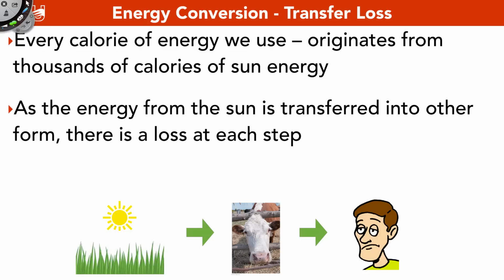Well, the amount of energy used to make that 500 calories is many, many times in excess of that 500 calorie hamburger, because every time we transfer between different levels, there is a loss of usable energy. It's lost to other forms.